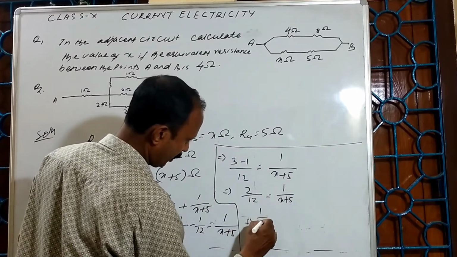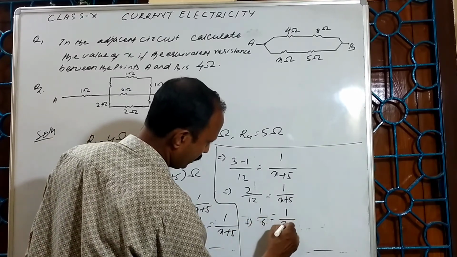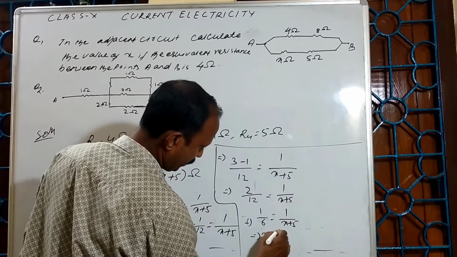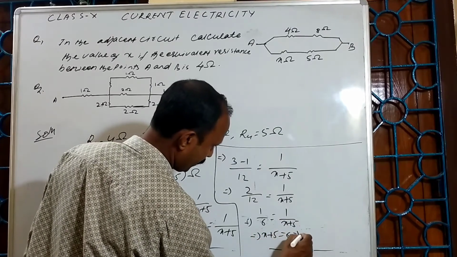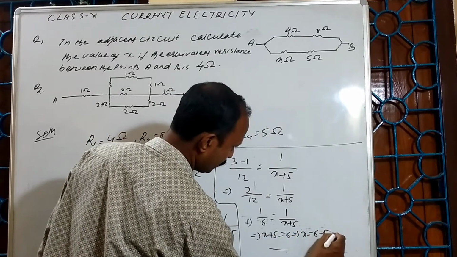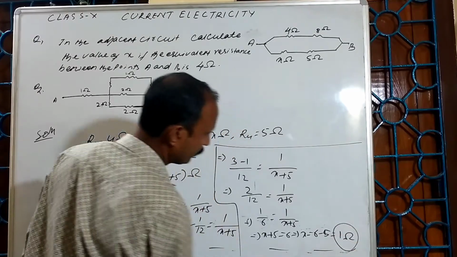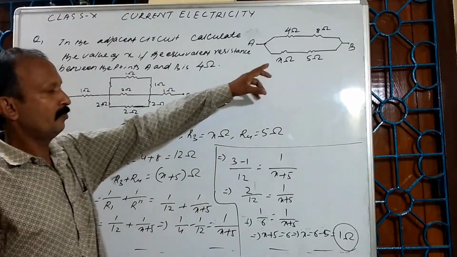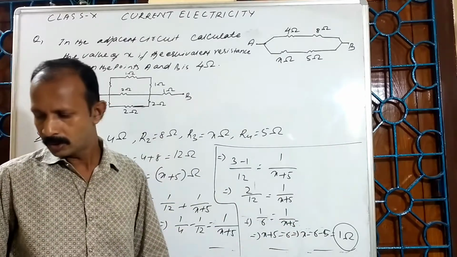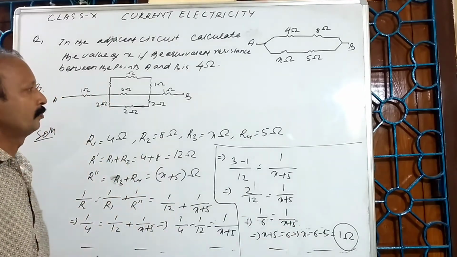Implies that 1 upon 6 is equal to 1 upon X plus 5. Implies that X plus 5 is equal to 6. Implies that X is equal to 6 minus 5 is equal to 1 ohm. So we got the value of X, which is not given in the circuit, is equal to 1 ohm.